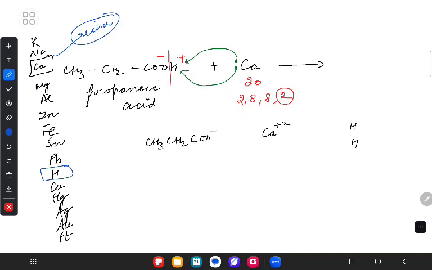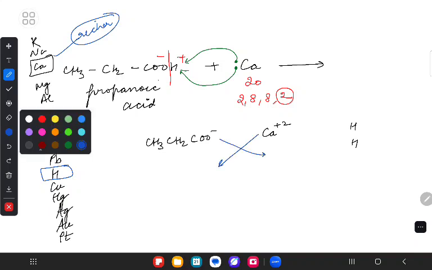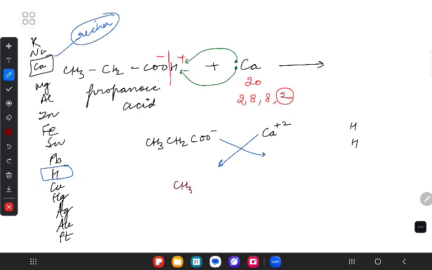And when we do this crisscross, I hope you're understanding what we have. So we'll have (CH3CH2COO) whole twice, Ca. And from here, hydrogen gas shall be released.